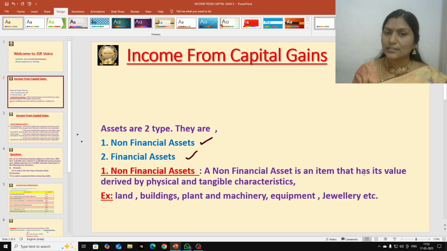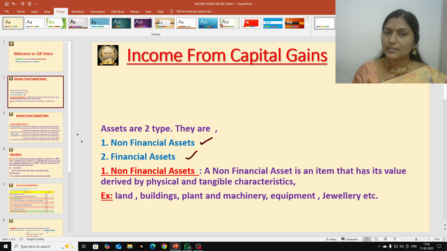Capital gain means if the assessee is selling any capital asset, then he gets either profit or loss. If he gets any profit out of the sale of a capital asset, we call that profit capital gain. From the income tax point of view, that is one kind of income, one head of income: income from capital gain.